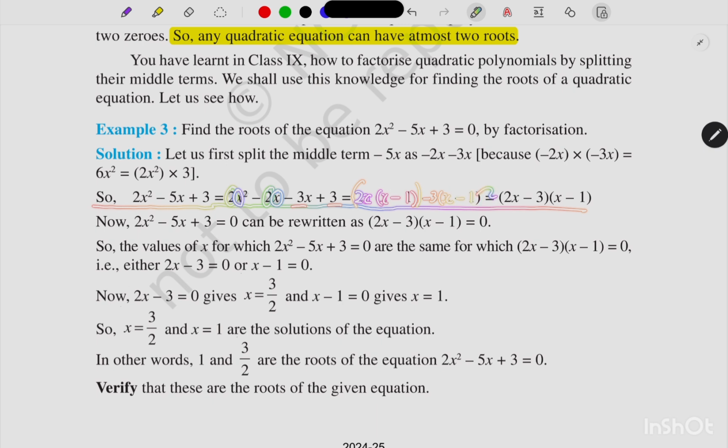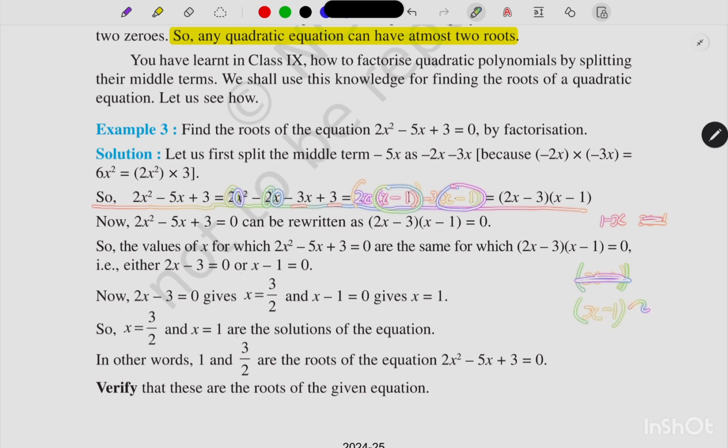The main goal that you must try to achieve is to get the same number here and here. I'll explain why. If you're getting 1 minus x instead of x minus 1, you can also take a minus 1 in common and you will get x minus 1. Why?